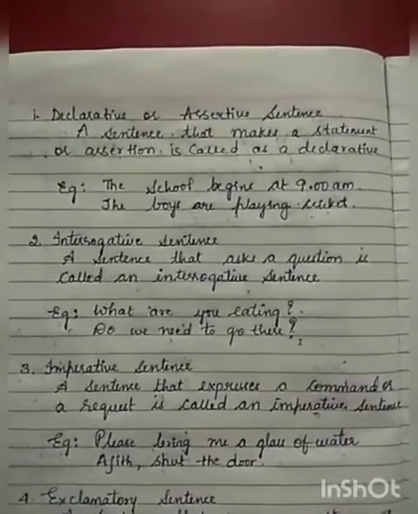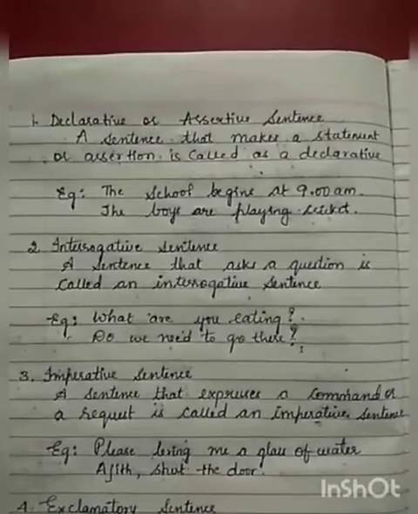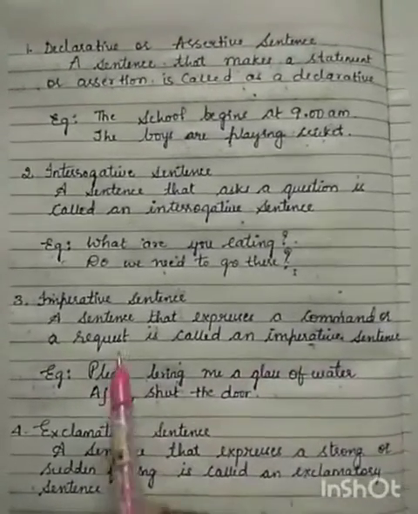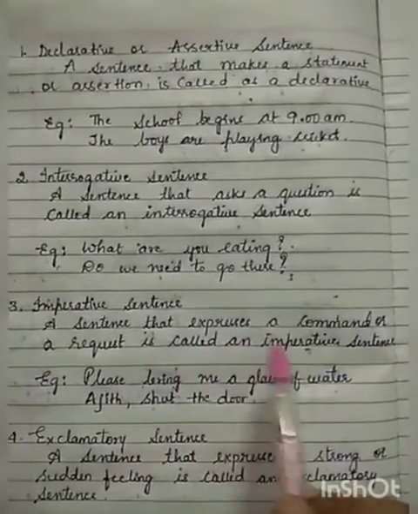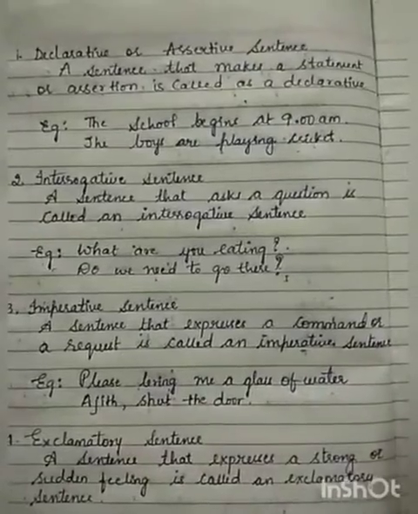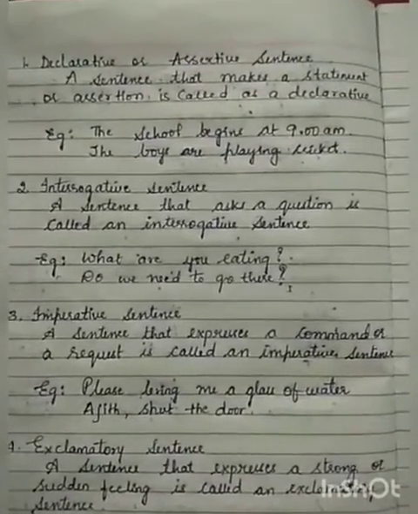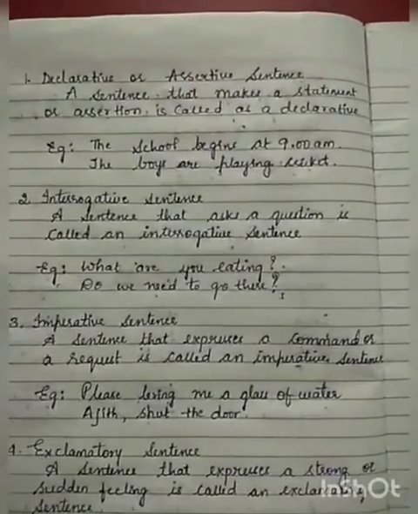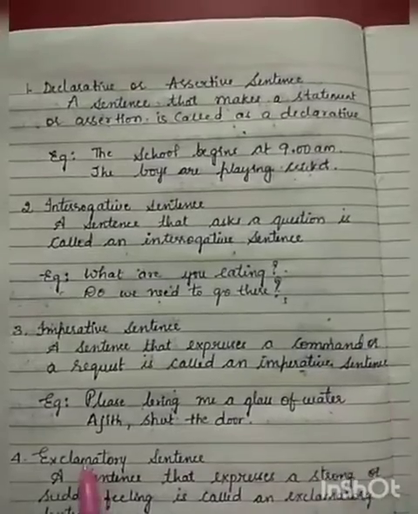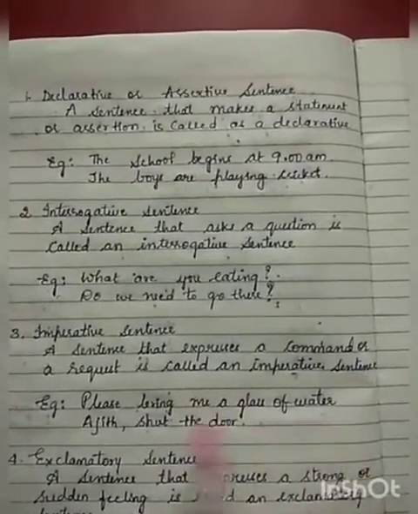Next is imperative sentence. A sentence that expresses a command or a request is called an imperative sentence. When we make a request to somebody, that is an imperative sentence. Example: please bring me a glass of water.